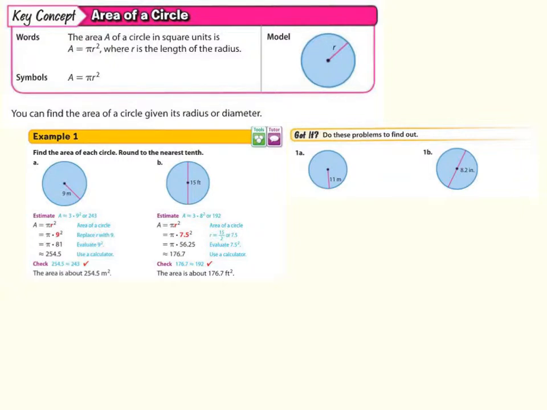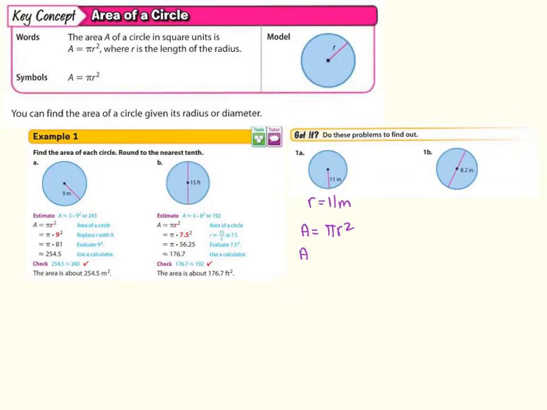Let's go over to 1A. Now, what's good about area, or even diameter for that matter, is you can type it all into your calculator and then press enter and then you're done. So for number 1, this radius is 11 meters. So if area equals pi r squared, I'm just going to enter those numbers into my calculator like this.